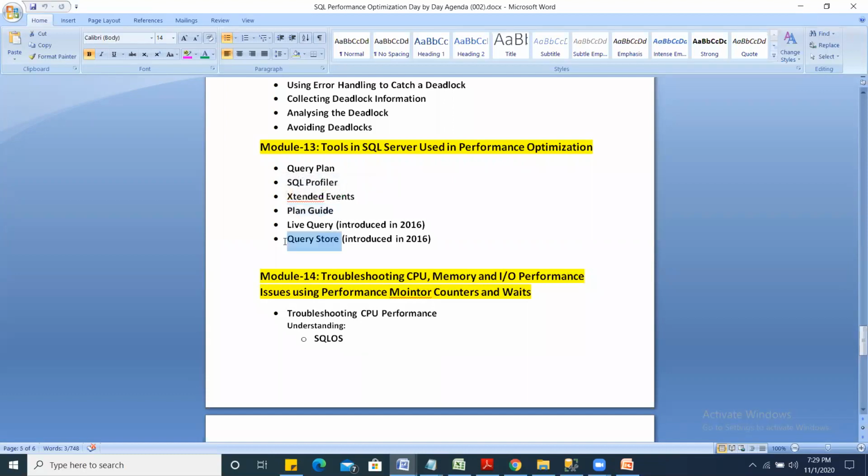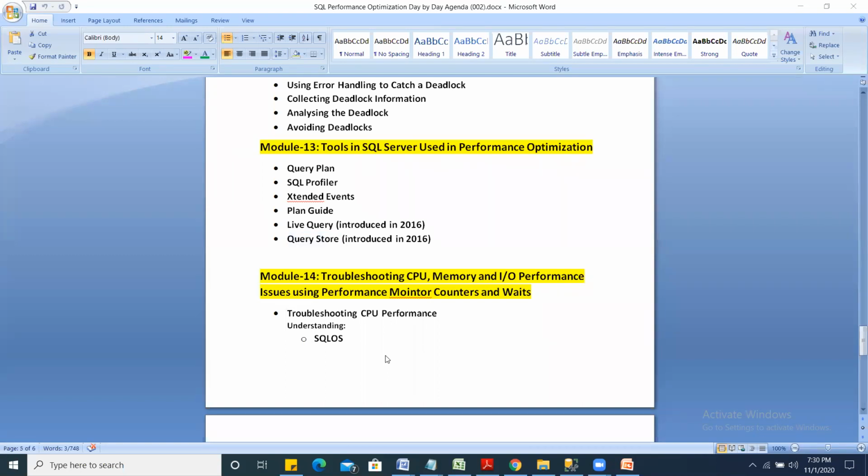Then you have Query Store. Query Store is a wonderful tool that was introduced in SQL Server 2016. The specialty of Query Store is that without writing very complex or long queries, you are able to see your queries whose performance has degraded in the last 7 days, 15 days, or in the last 2 hours, or 30 days, right?